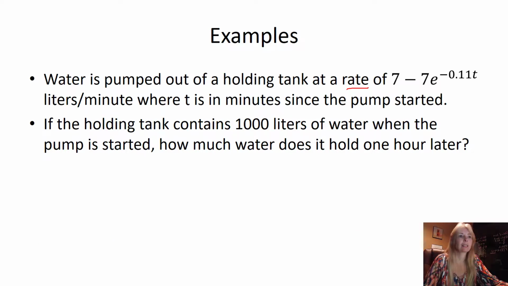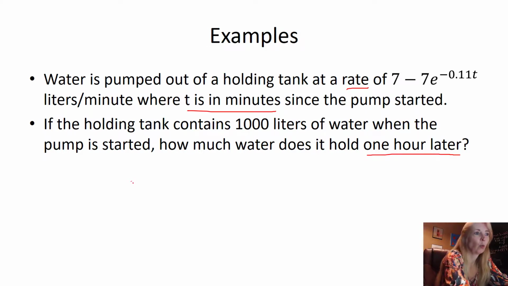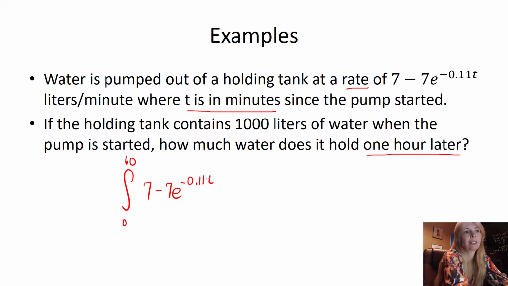If the holding tank contains 1,000 liters of water when the pump is started, how much water does it hold 1 hour later? But notice this says t is in minutes. So 1 hour later would be from 0 to 60. I would put my function 7 minus 7e to the negative 0.11t. I tend to put this in parentheses. You don't have to. And then my dt.